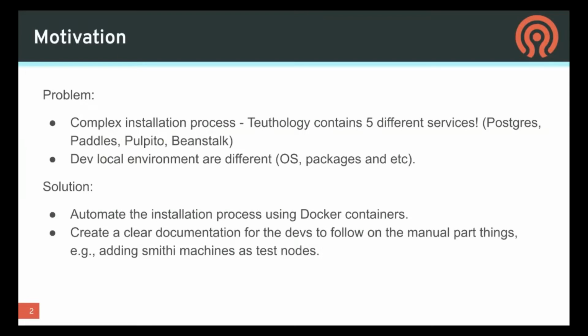So our solution is to automate this setup process using Docker containers and create clear documentation on the parts where it cannot be automated, such as adding the machines to the test nodes.